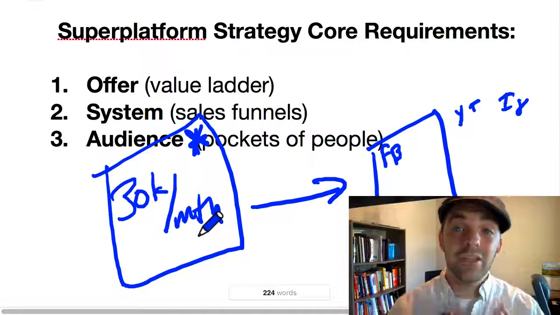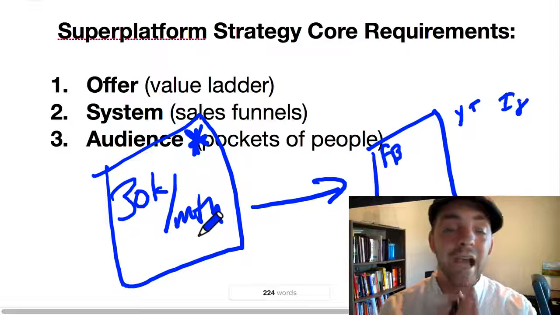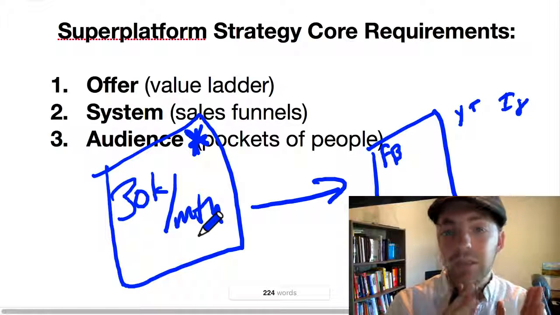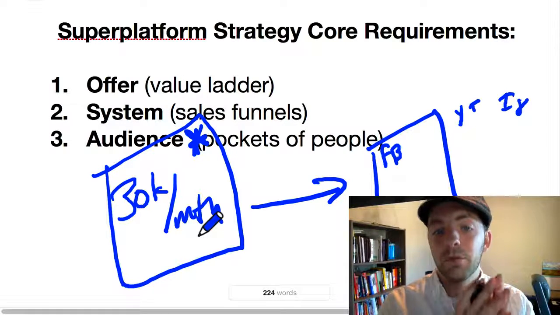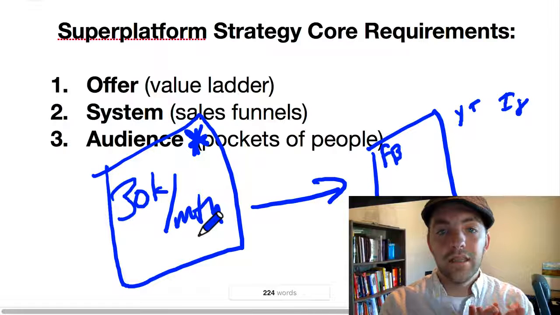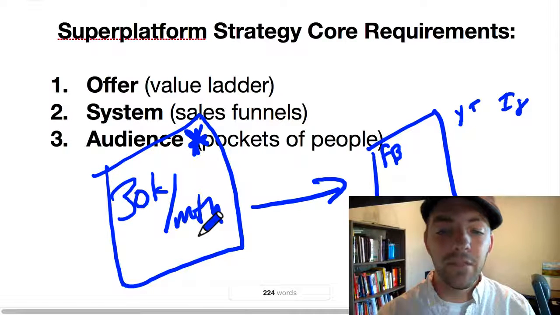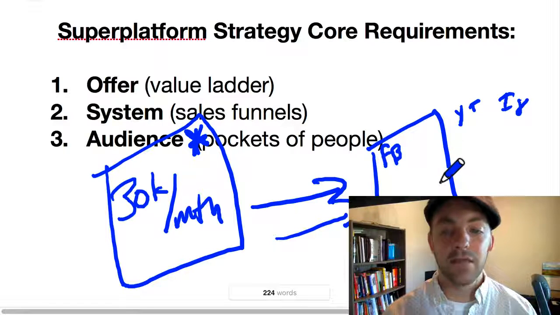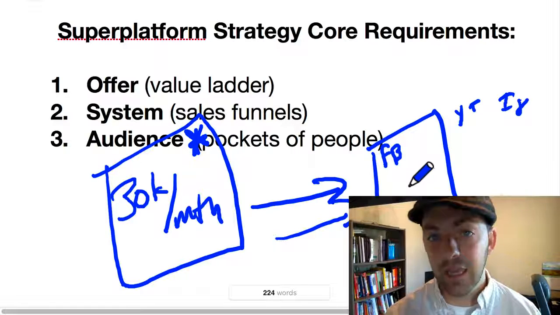There's a certain percentage of that 30,000 audience that are ready and willing to buy. They might have just needed a little more information, and we could have followed up and asked them for the sale on a retargeting campaign, for example.